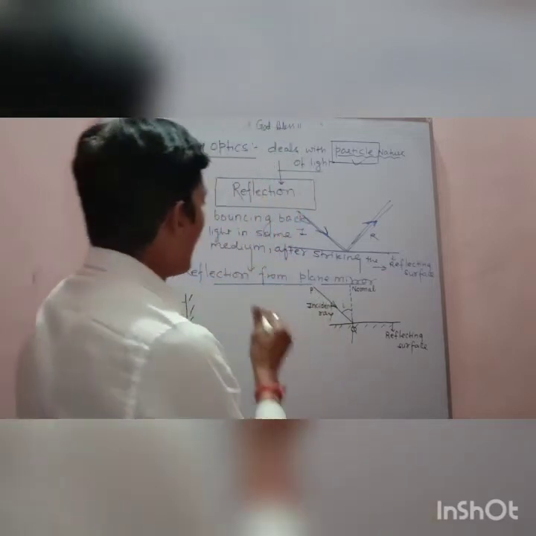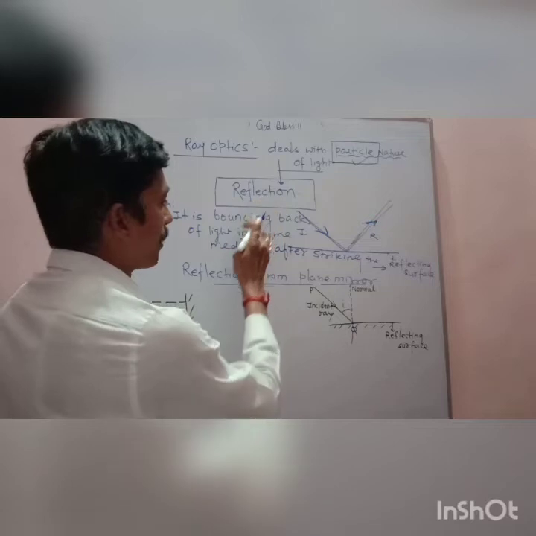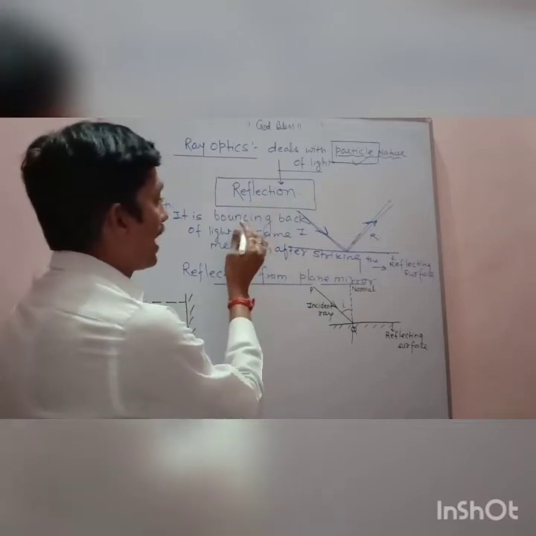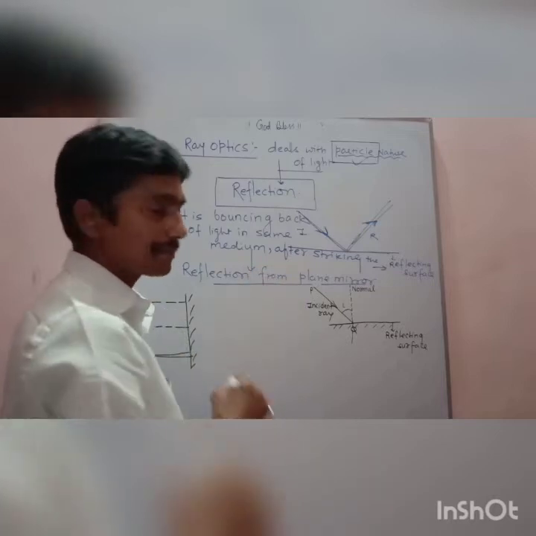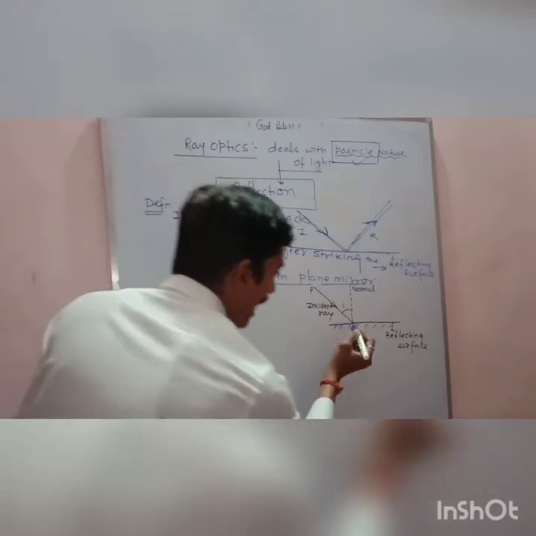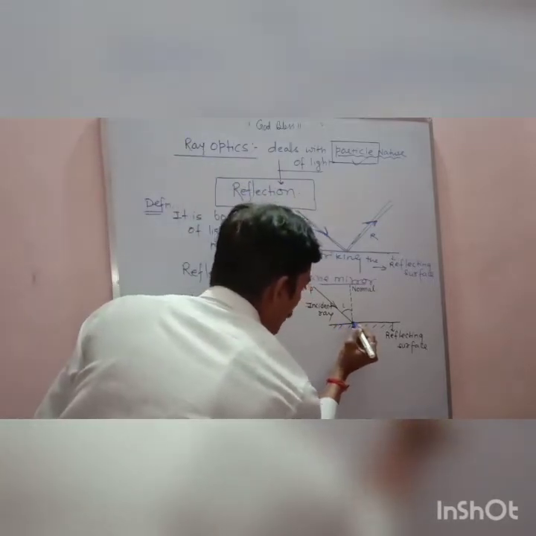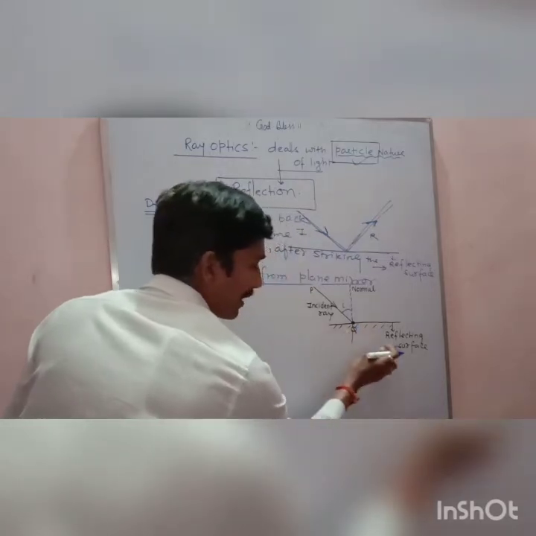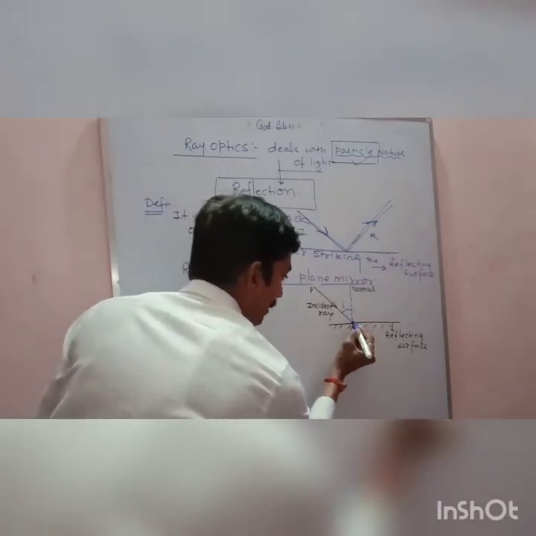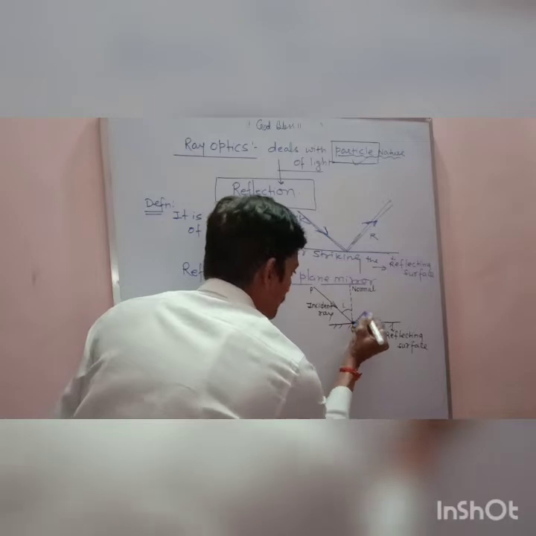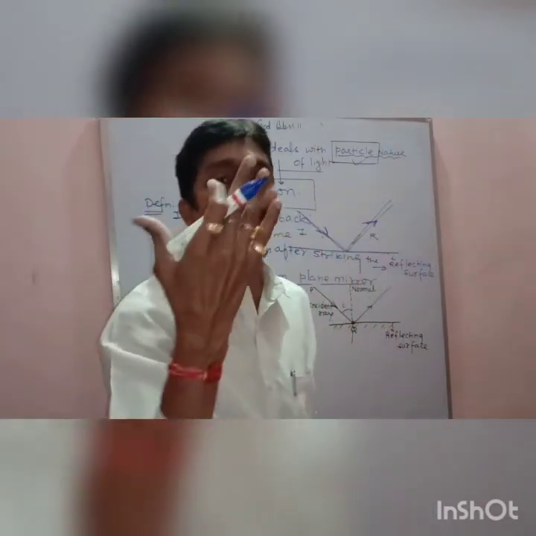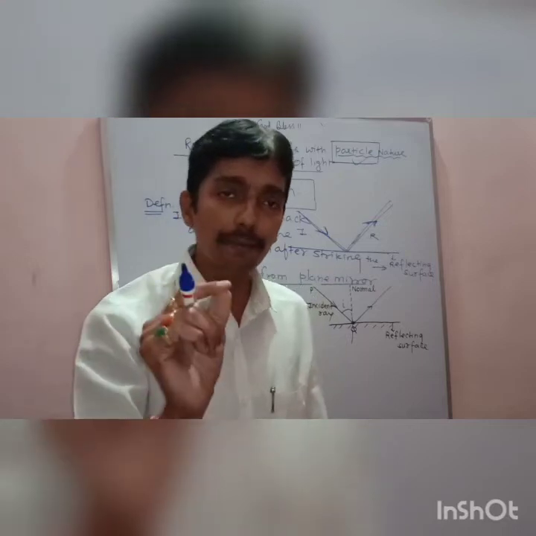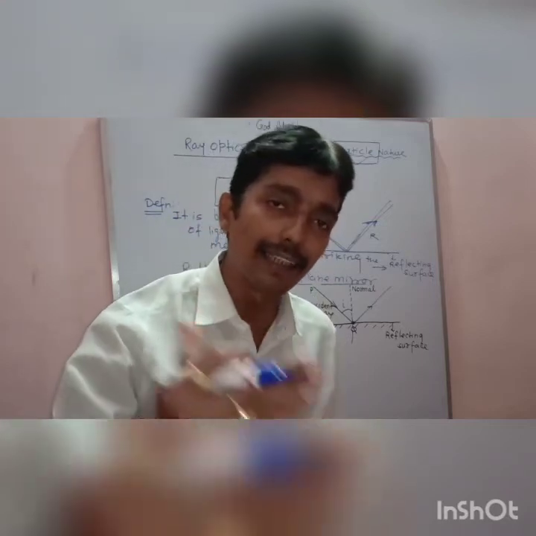Similarly, my dear, I said the reflection phenomenon is the one where the light bounces back in the same medium. So here what happened? This light will fall here at point Q on the reflecting surface, and it will bounce back. My dear, bouncing back is only called reflected back.